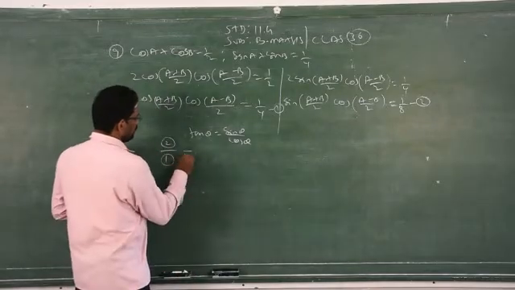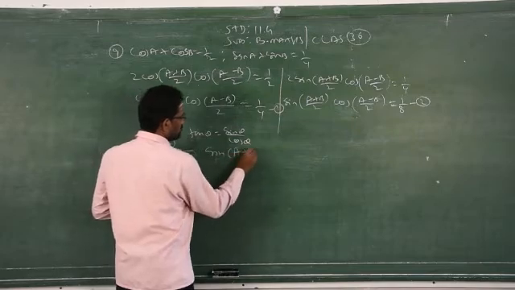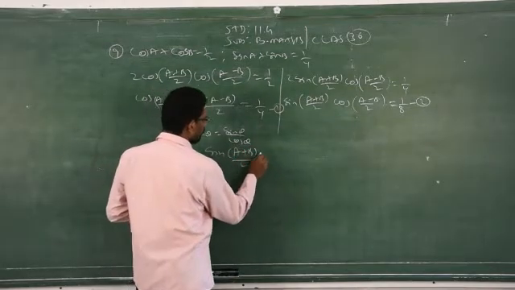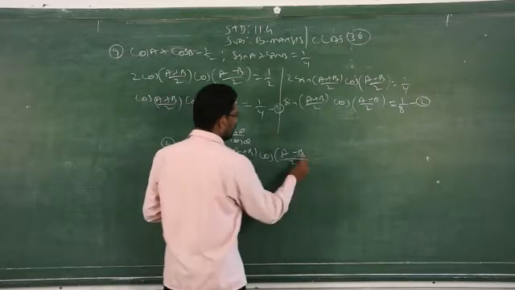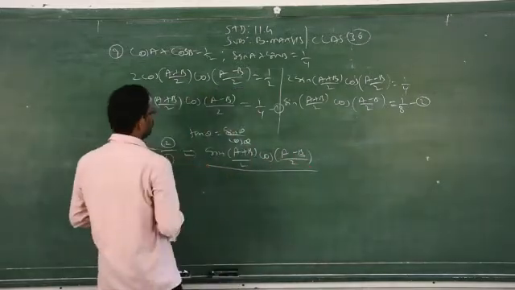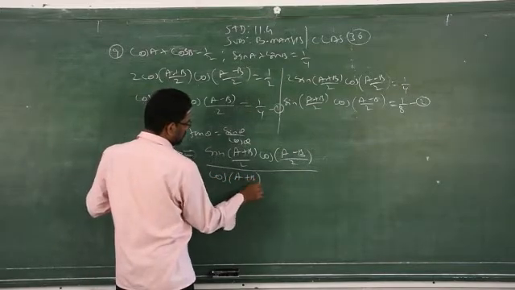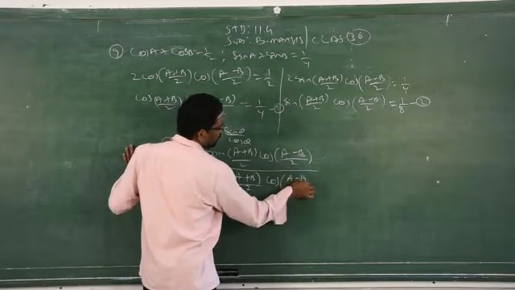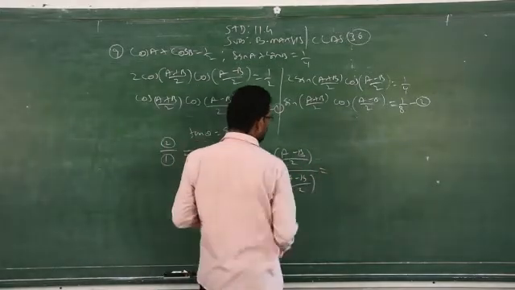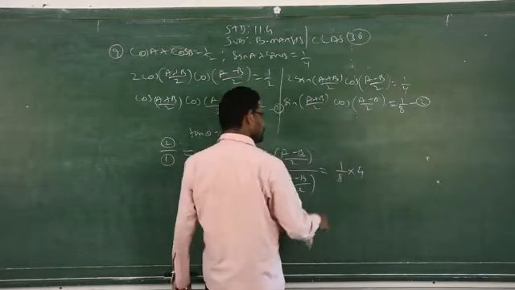So 2 by 1, which implies sin (A plus B) by 2 cos (A minus B) by 2 over cos (A plus B) by 2 cos (A minus B) by 2 is equal to 1 by 8 into the reciprocal of 1 by 4, which is 4.